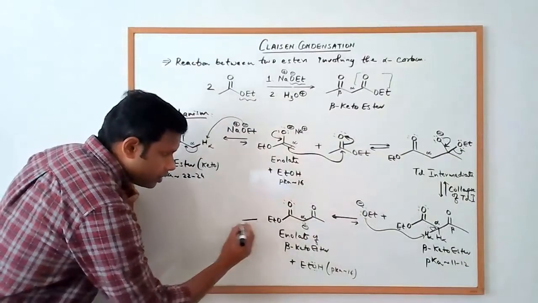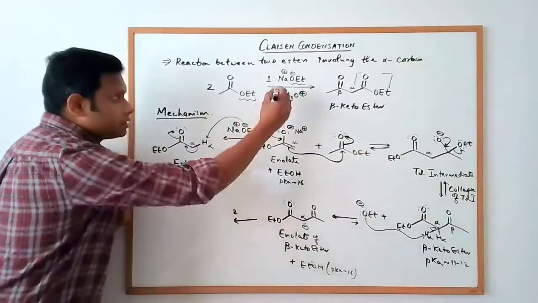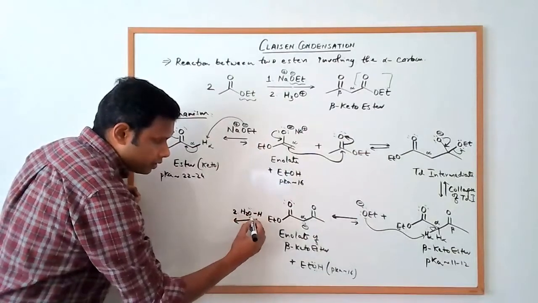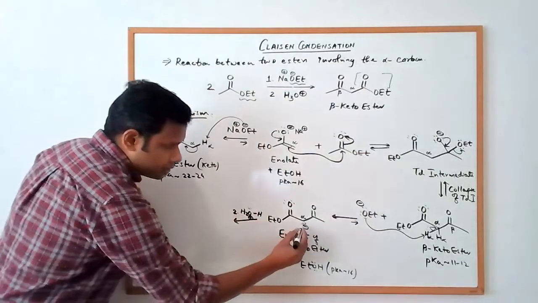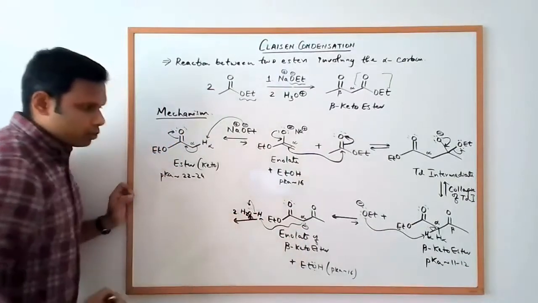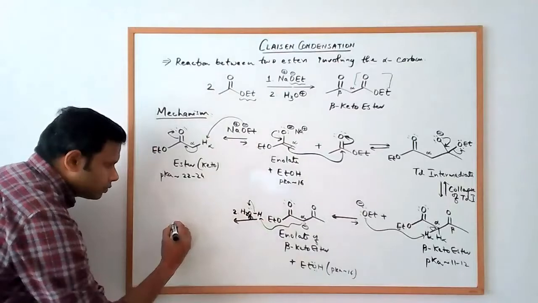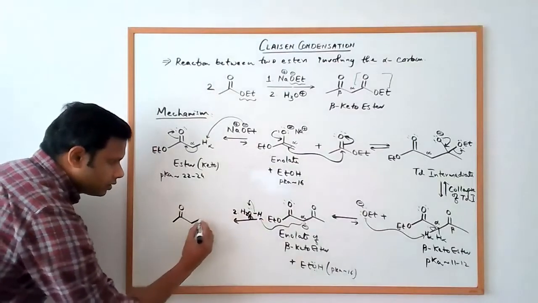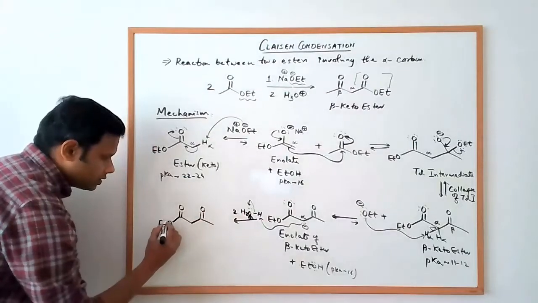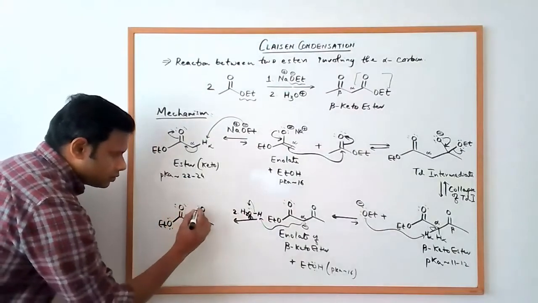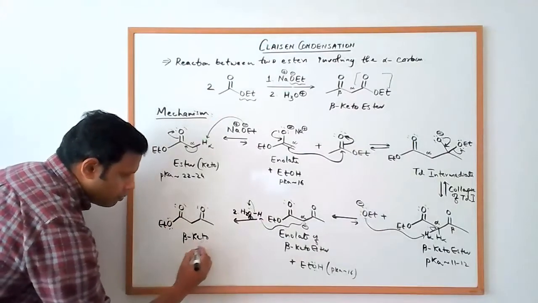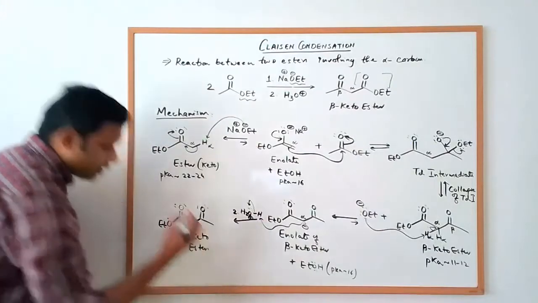And so then when we do the final second step, which is the protonation event, okay, when we do the final protonation, the enolate of the beta-keto ester gets protonated. And so that's going to then give us the product, which is the beta-keto ester itself. So that's how we get the beta-keto ester.